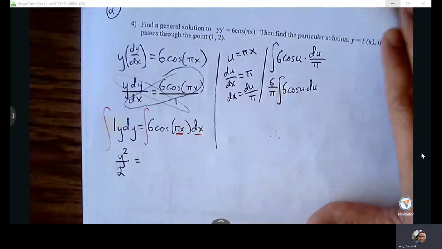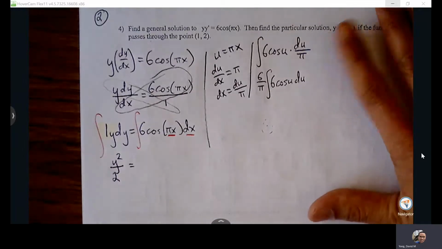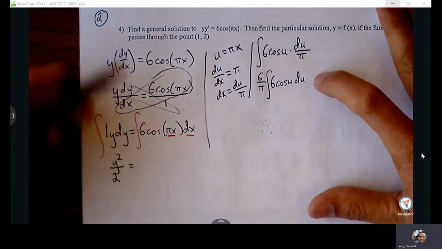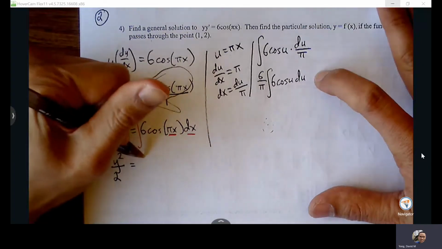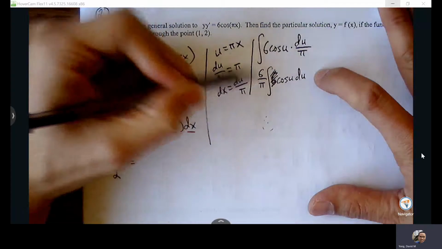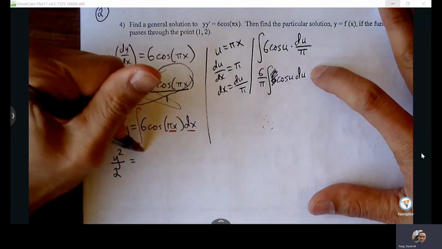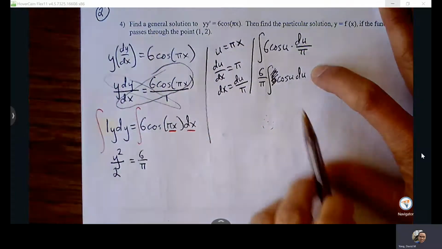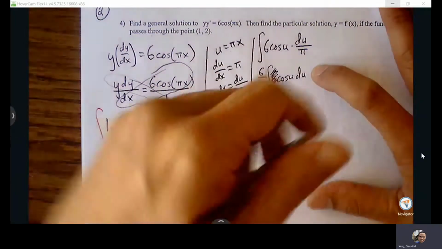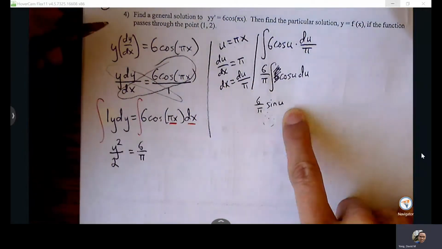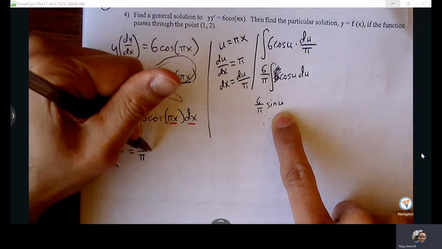I just want to create opportunities if you feel like you want to do some shortcuts for certain parts of the problem, but don't do it if it feels like it's too much to do in your head. So you can write everything out if you want. We know cosine becomes sine, and then replace the u back in terms of pi x.